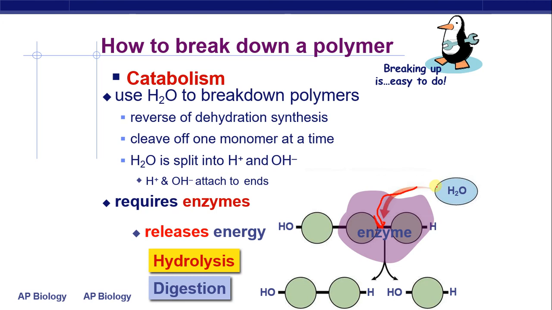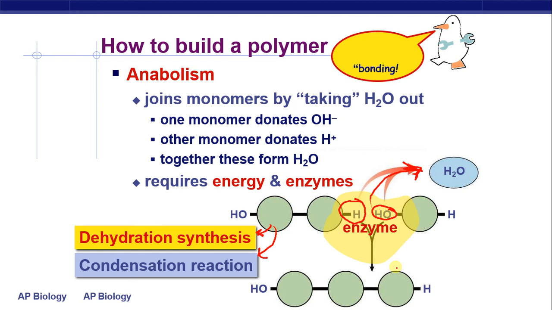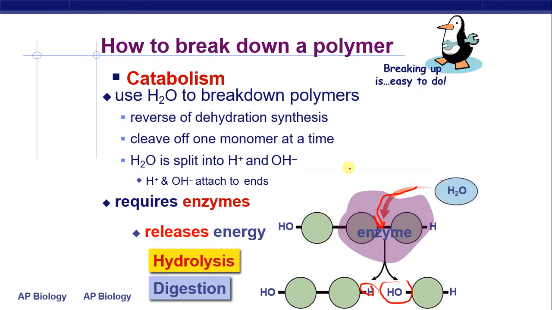Using an enzyme and water, we put the H and the OH back onto where they would be from this drawing, and in so doing, we break the covalent bond joining the monomers. So this is how we can break down polymers into smaller pieces, into monomers, via hydrolysis.